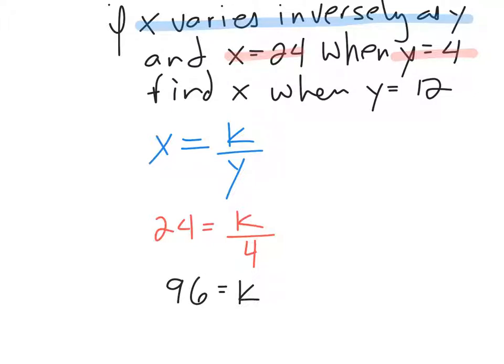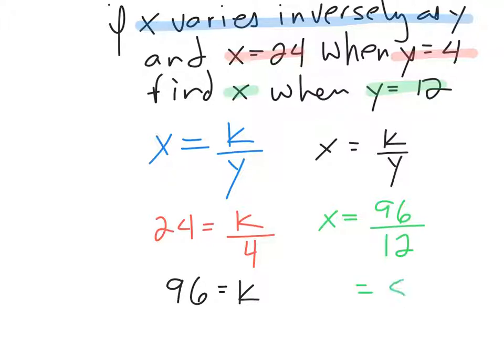So now we're dealing with the statement, again, x equals k over y, but this time I am using the 12 to find the value of x, and so we have x is equal to 96 all over 12, which means that x is equal to 8. Make sense?